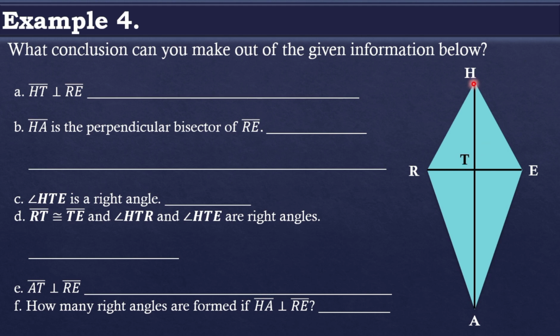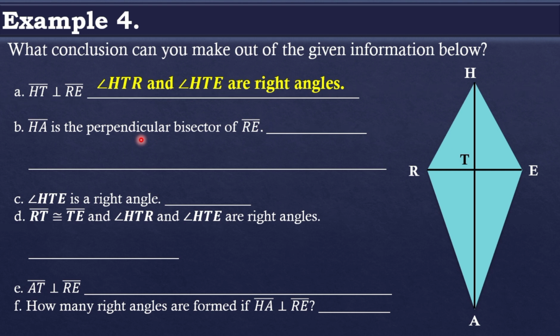So, anong conclusion ang mabubuo mo dyan? So, we have angle HTR and angle HTE are right angles. Okay? Kasi perpendicular siya sa buo, sa RE, hindi lang TE. So, RE, ibig sabihin dalawang right angles yan.